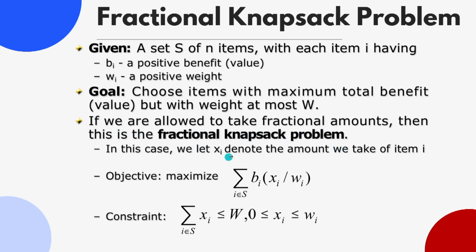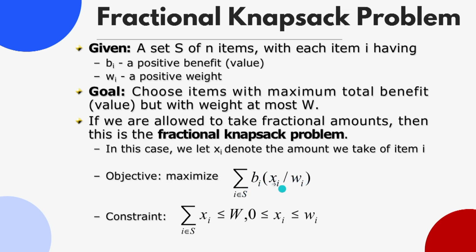So, let us assume that we have taken up the item xi. We will be taking a fractional portion of the item every time we would exceed the capacity, and we check that we do not exceed the total capacity of the knapsack. We write the objective function as the summation of bi into xi/wi, where xi is every item and wi is the weight associated with it.